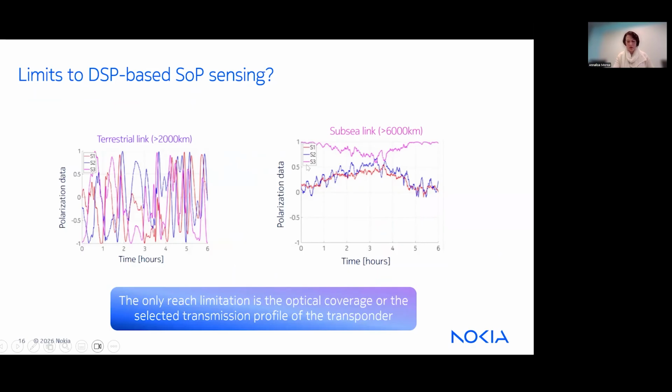What we can observe is that terrestrial links record more events than the subsea ones, which turn out to be more stable. This is also quite normal because subsea environments are quite calm in a certain way.